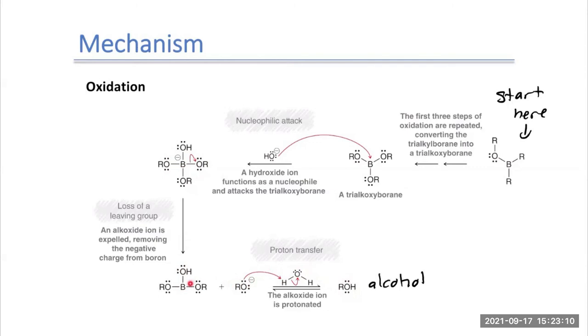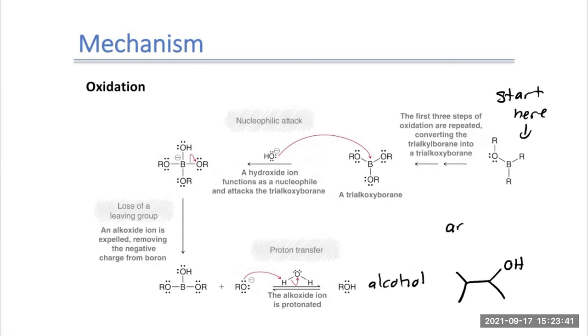And this step here will repeat itself with the other OR groups till we end up with all of the product converted to alcohol. And our alcohol group here, we'll now have that OH on the less substituted carbon.